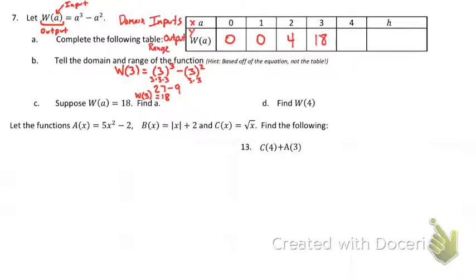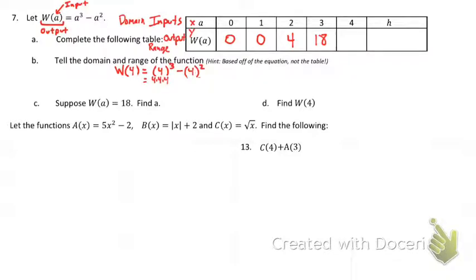All right, and then one more, actually 2 more. One more number and then 1 letter. So the next input is 4. So we're inputting 4 into equation W, function W, and we get 4 times 4 times 4.